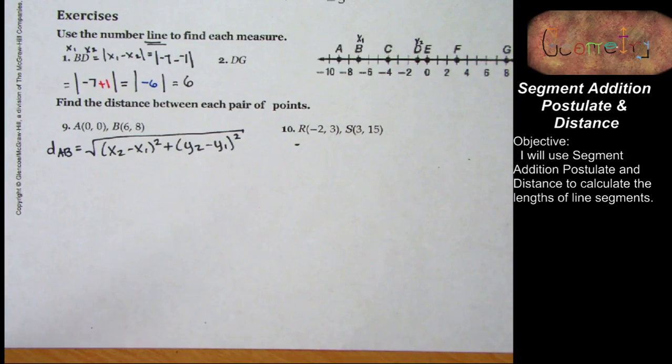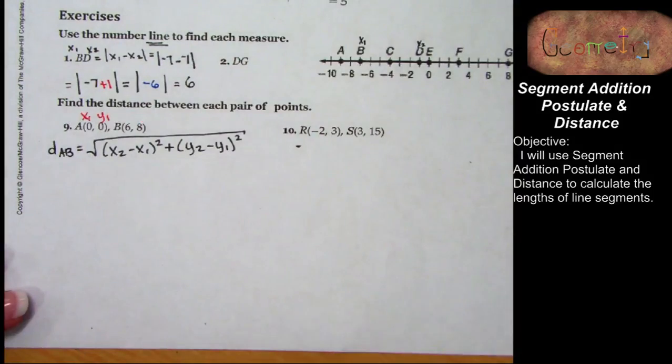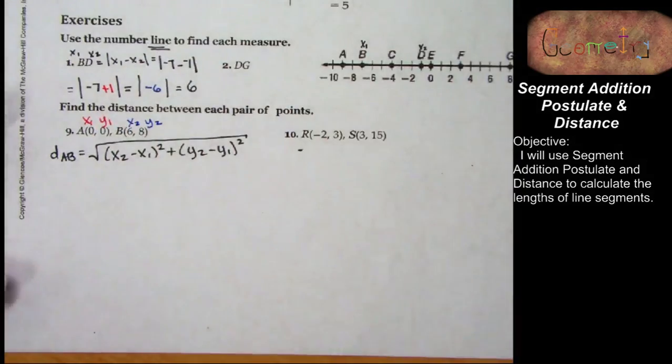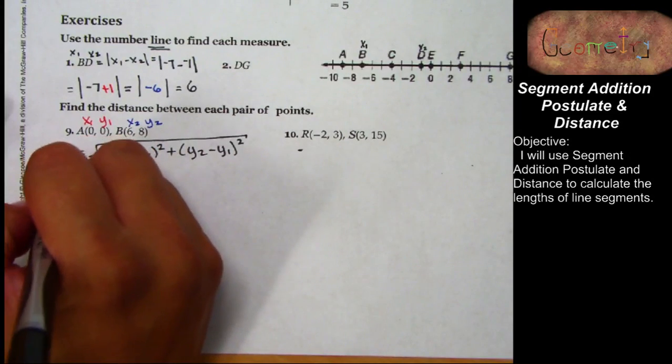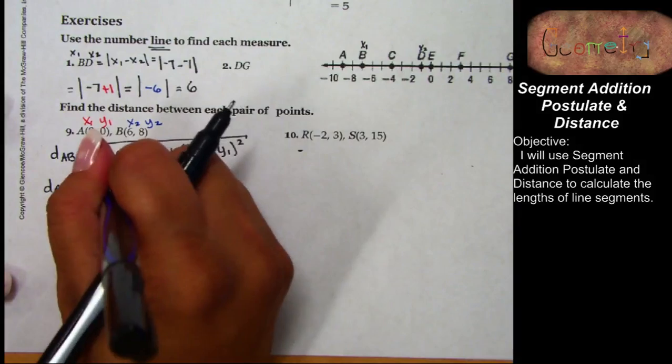Those of you following along, which point do you want to be x1, y1? A. Okay, A has been selected as x1, y1. This forces us to make point B x2, y2, and so we're going to go ahead and do our substitutions now that we know which point is which.